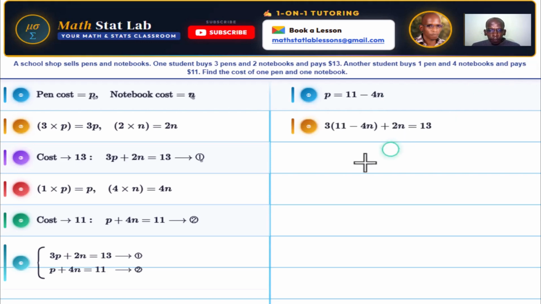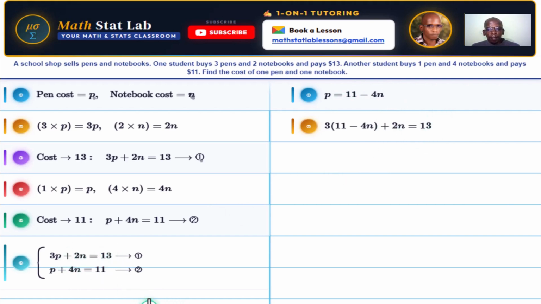So I can say we have 3, which is the coefficient of P in the first equation. Then, in brackets, 11 minus 4N, because 11 minus 4N is our new P, the one we got here. Then plus 2N is equal to 13.